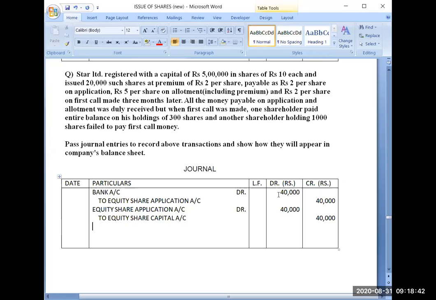Now we will make allotment due. Equity share allotment account debit, to equity share capital account. Premium is also there on this, to securities premium reserve account.